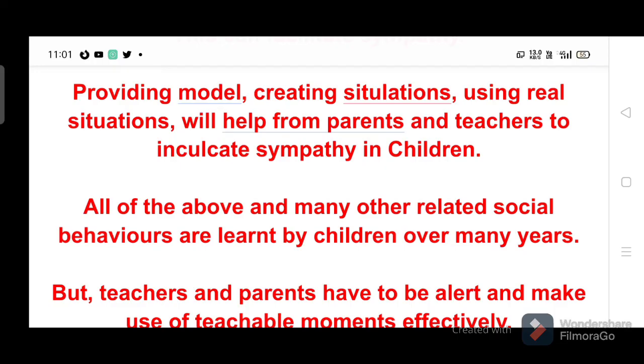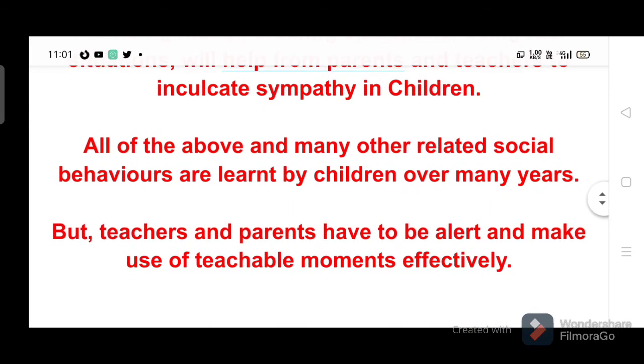So like this, all of the above and many other related social behaviors are learned by the children over many years. Cooperation, friendship, whether it is leadership, whether it is sympathy, whether it is sharing, all these are learned over many years of time.